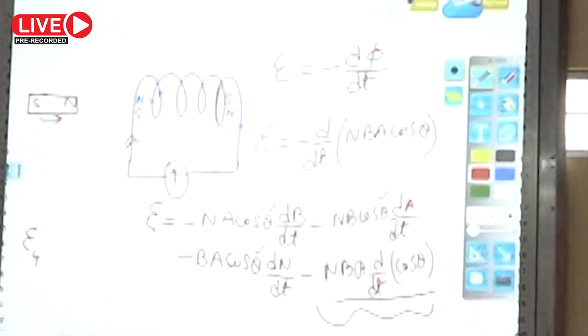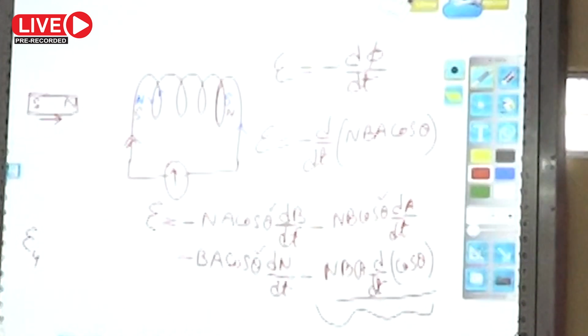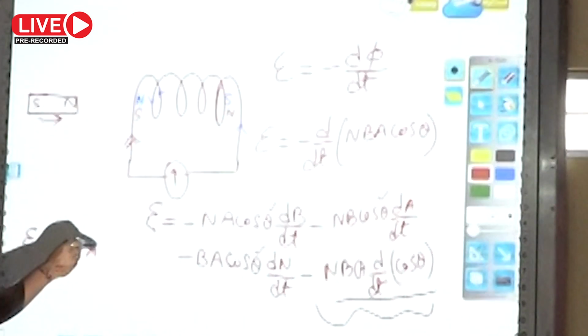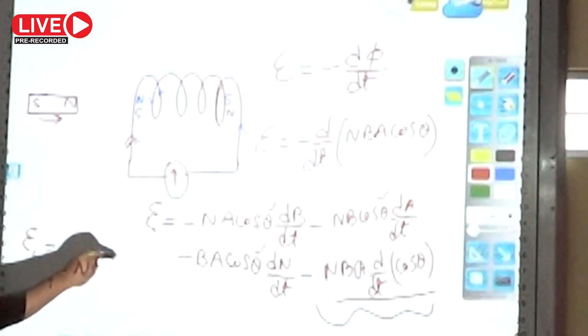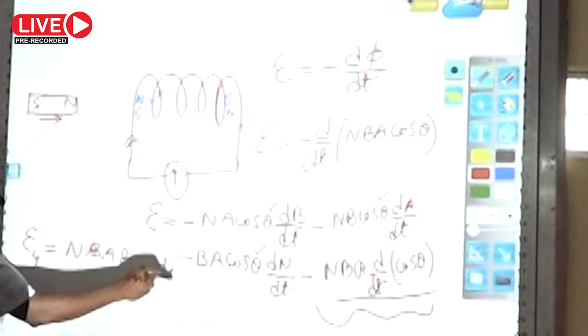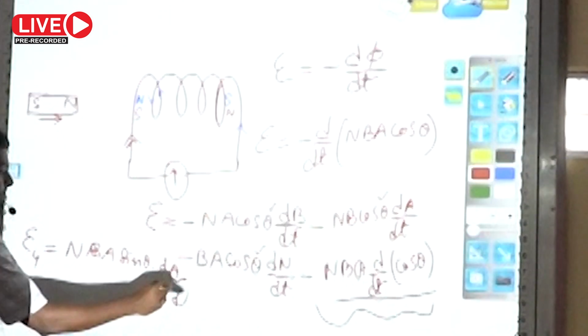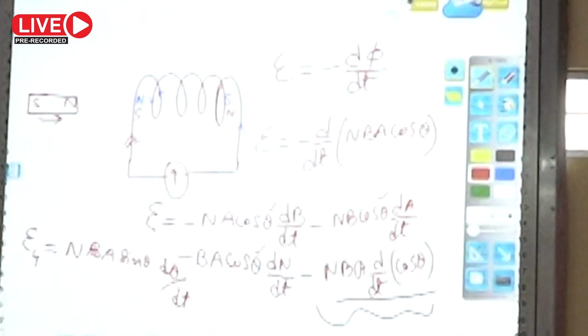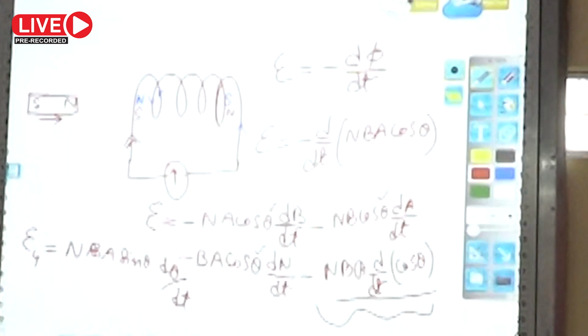Then I consider this one as E4. So E4 will become, check, NBA sin theta d theta/dt, because the derivative of cos theta is minus sin theta, so this minus will go away. So it will be NBA sin theta d theta/dt.